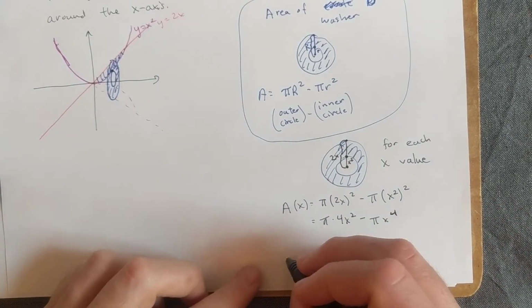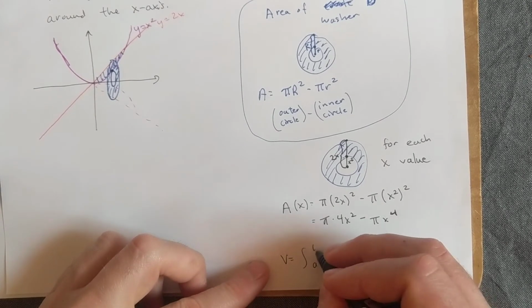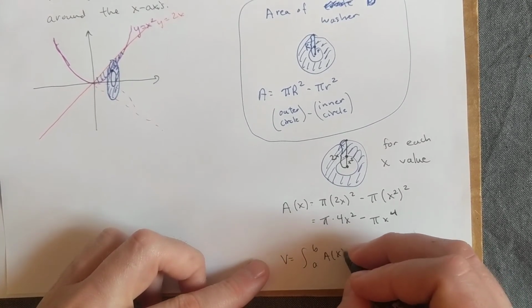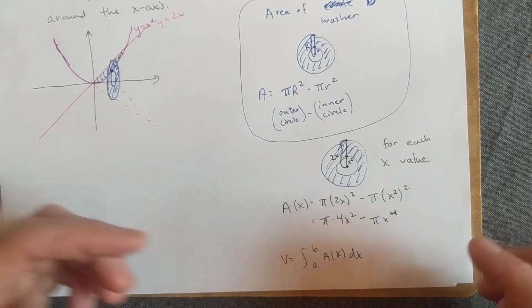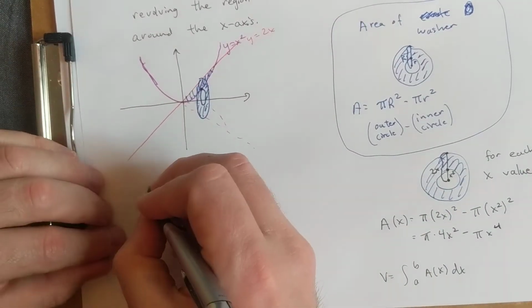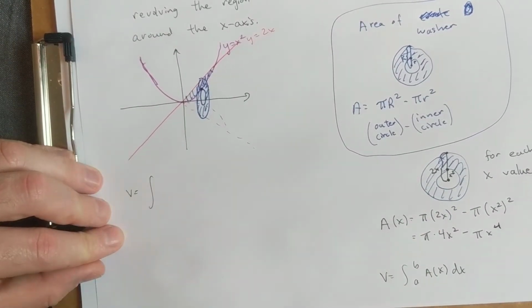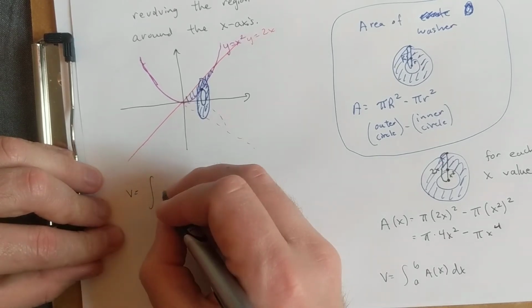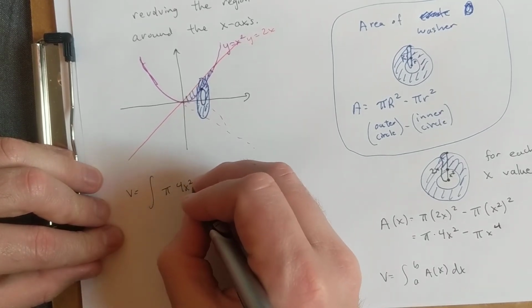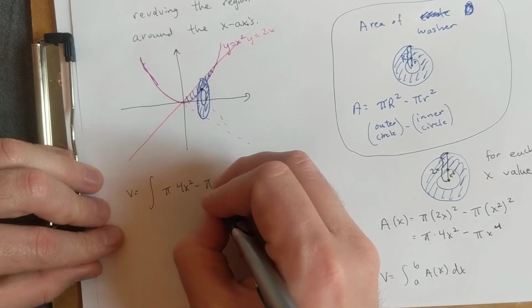In general, we're still doing the volume equal to the integral from a to b of the area function dx. And so here's my area function, and so let's go over here and compute the volume. Volume is equal to the integral of pi 4x squared minus pi x to the fourth dx.